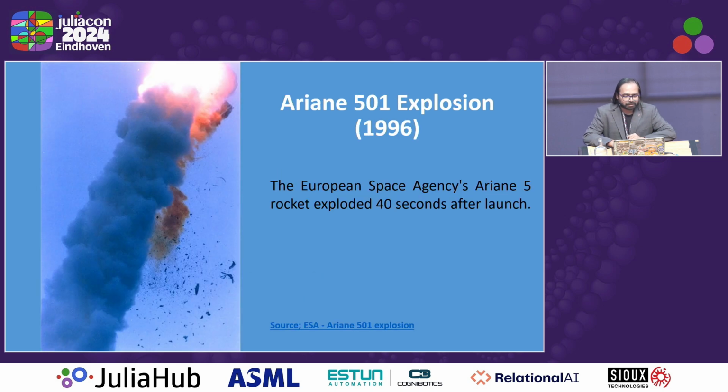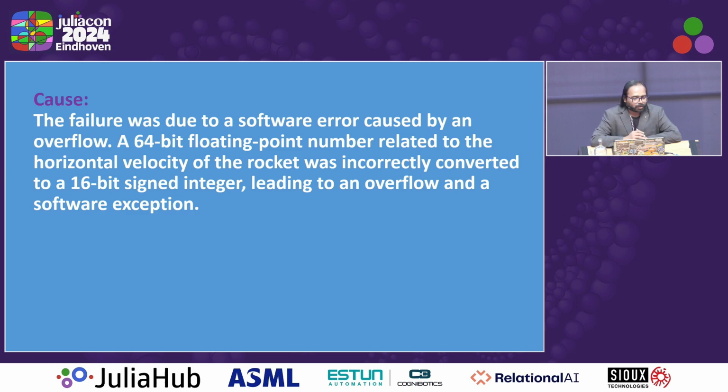The next was the Ariane 501 explosion in 1996. The European Space Agency's Ariane 5 rocket exploded 40 seconds after launch. The cause was a software error caused by an overflow.